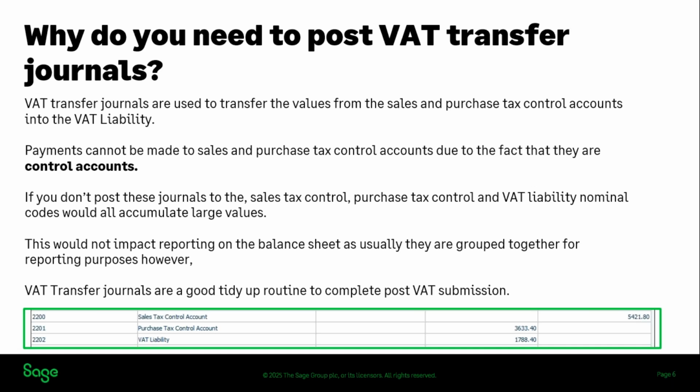Is there any implications of that? So they're a tidy up routine, and it's a good thing to do post VAT submission. So what that does, the three nominal codes at the bottom, is it transfers those figures for that period across from these nominal codes here, up to here, onto your VAT liability.